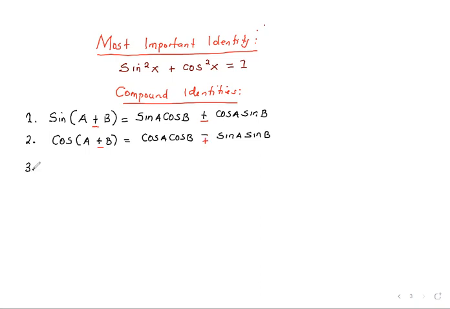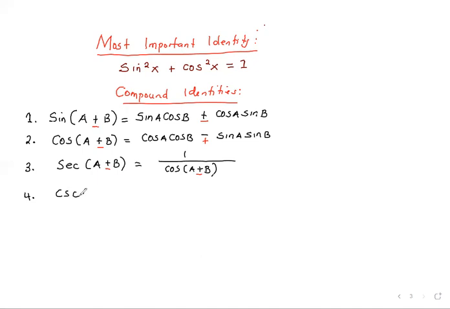Three: sec A plus B is equal to 1 over cos A plus B. The good part is that you know what cos A plus B is, so that if there is minus, you also use minus.